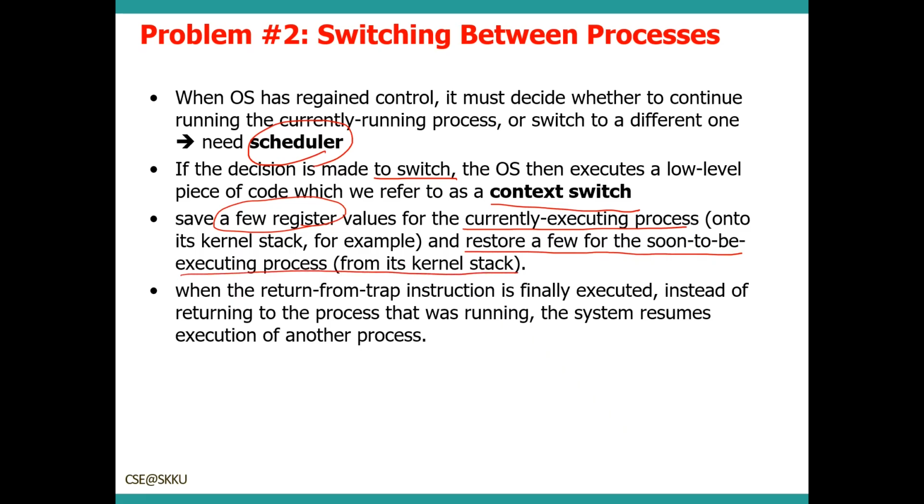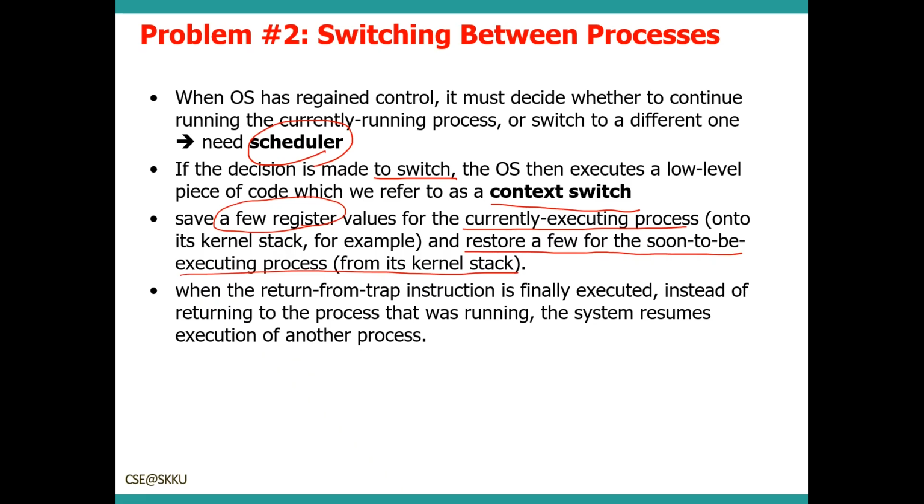By doing so, the OS ensures that when the return-from-trap instruction is finally executed, instead of returning to the process that was running, the system resumes the execution of another process.